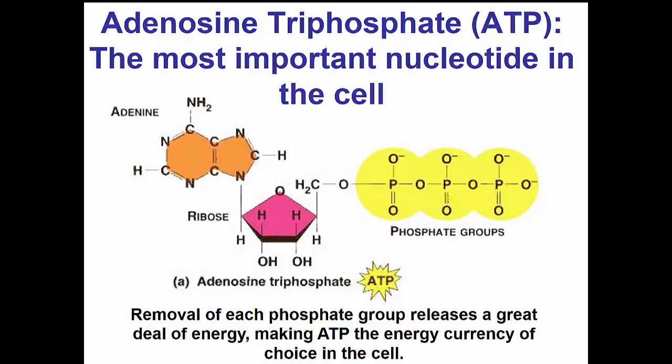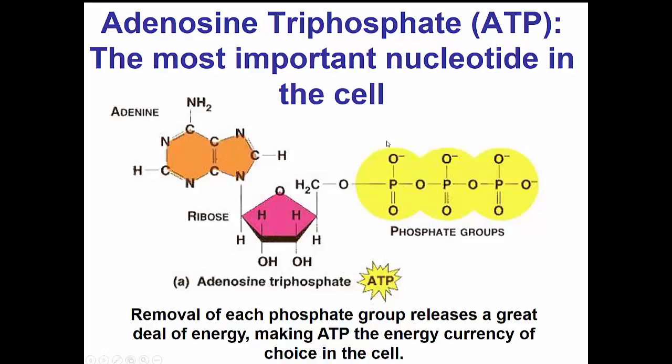Essentially, it's an RNA nucleotide that has an adenine nitrogenous base, a ribose 5-carbon sugar, and then 3 phosphate groups attached to the 5' carbon. This is essentially the energy currency of the cell, so we can use it for energy to accomplish reactions that require energy, and we can also use it to harness energy from reactions that release energy.